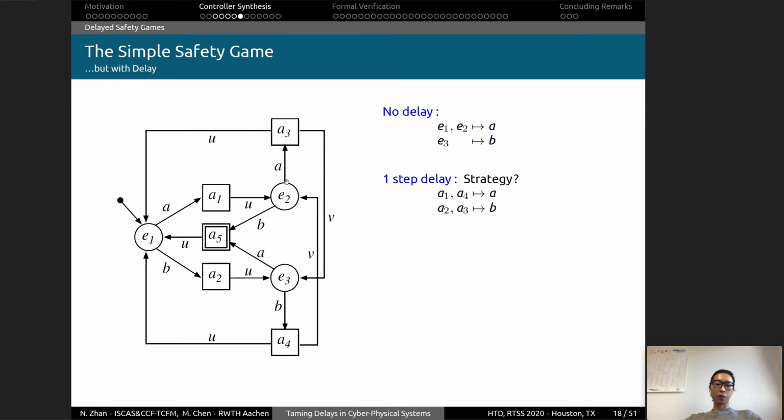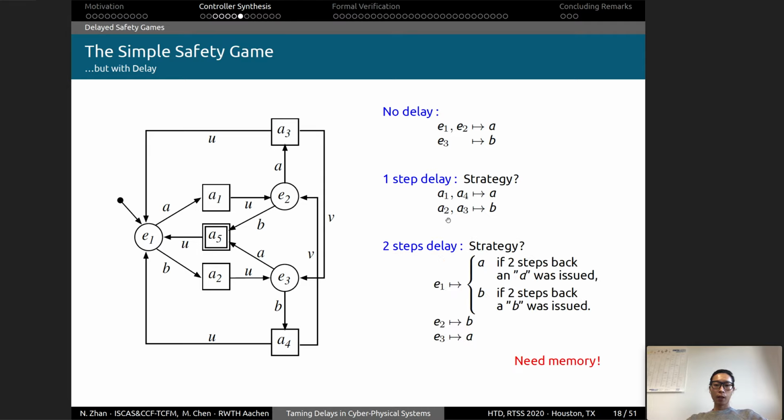That is, perform an A at state E2. One can easily verify that this is a winning strategy for player one. But now again, let's increase the delay a bit to 2 steps. Now things get a little bit different.